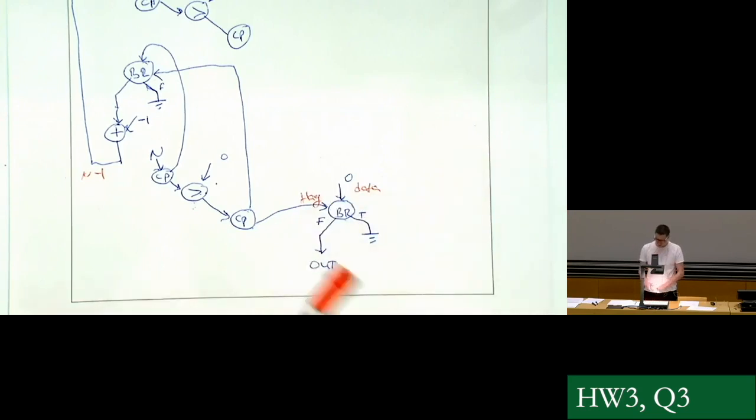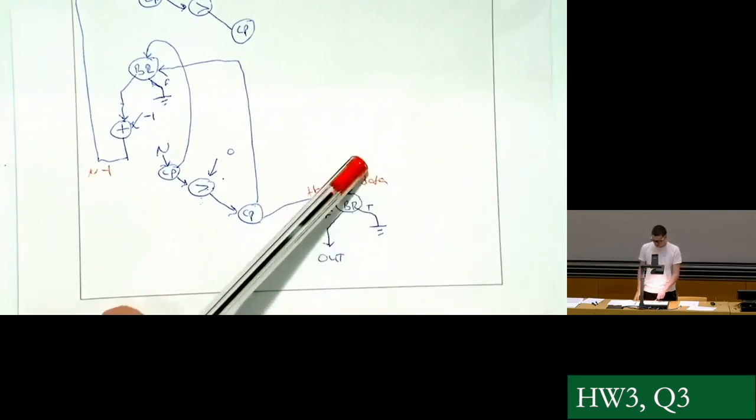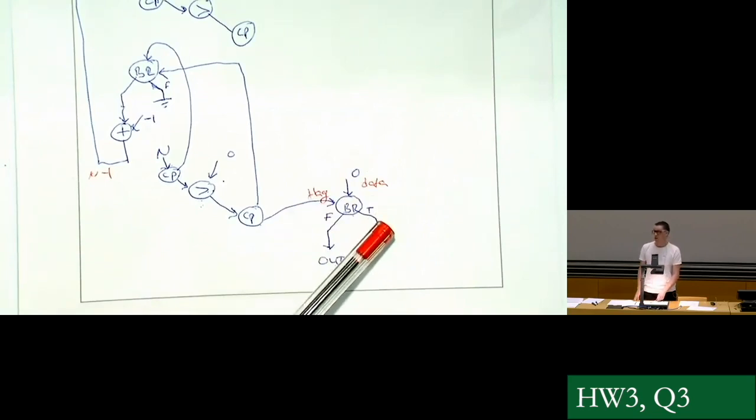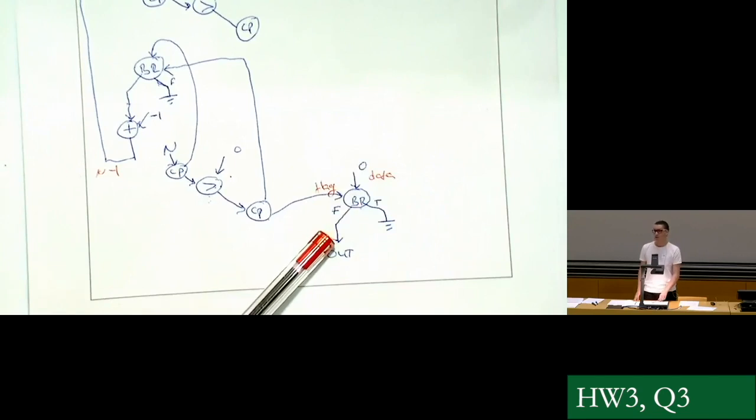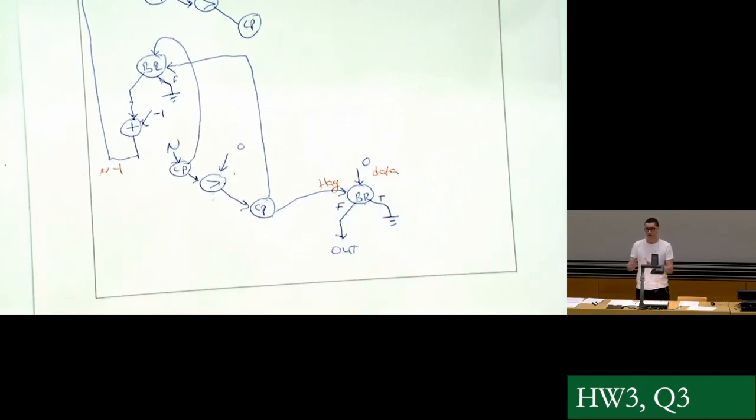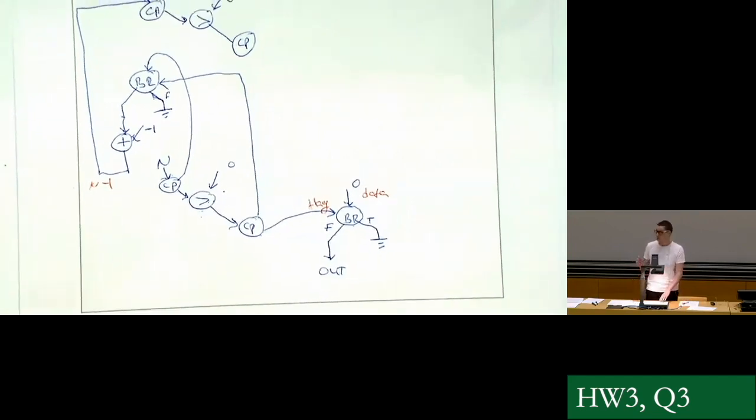If the flag is true, the data goes to the true path. If the flag is false, data goes to the false path. So the token is generated only on one of the output paths in the branch node. Is it clear? Okay.